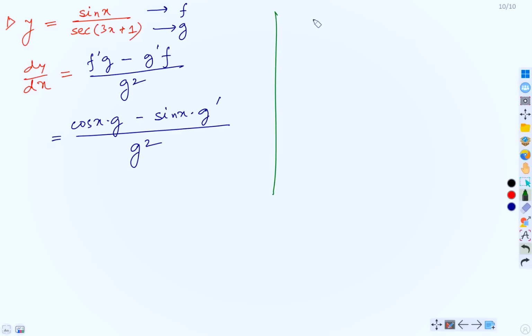We are evaluating g dash x here. Let g x be secant 3x plus 1. Now which function is completely inside? 3x plus 1, right? So u is 3x plus 1 and v is secant u, right?